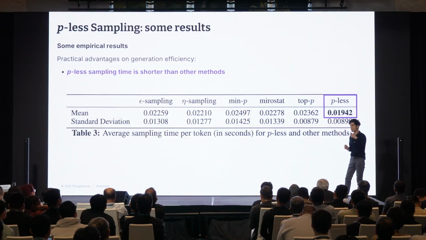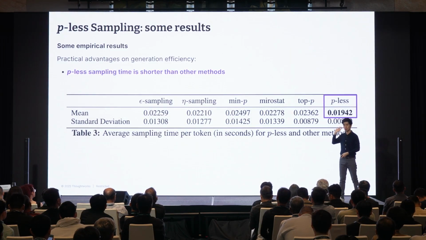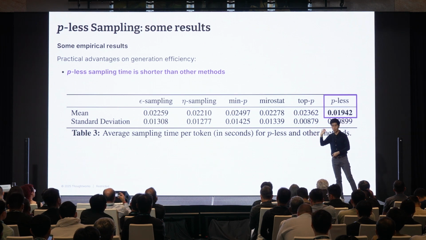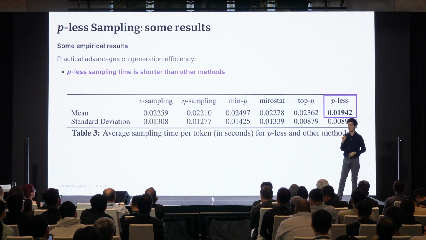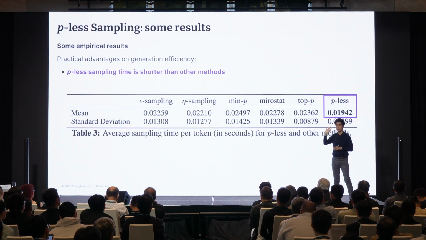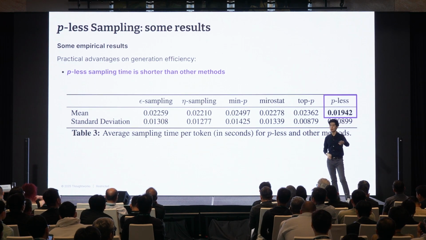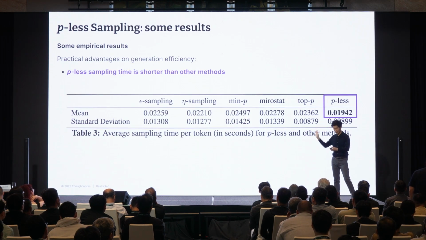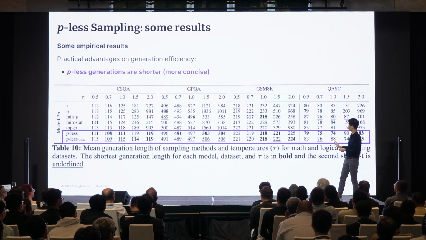And that is chiefly due to the fact that we do not need to do sorting. Sorting is at least order n log n, right? So in this case, we do not need to sort the tokens like top k, where I need the top k tokens. No sorting required. So it's quick, easy, and fast.